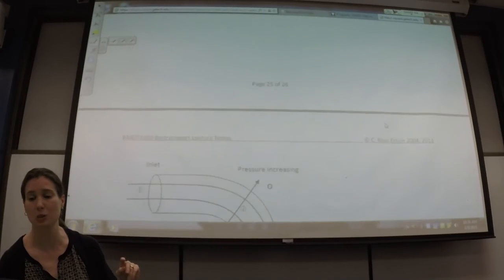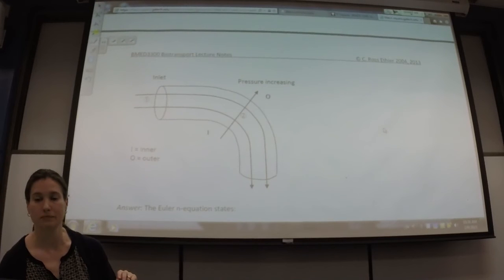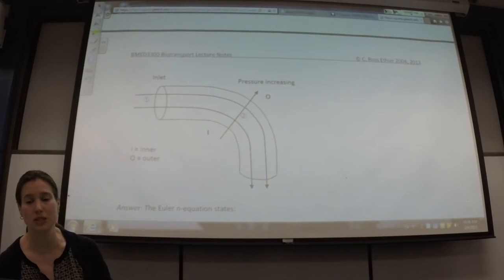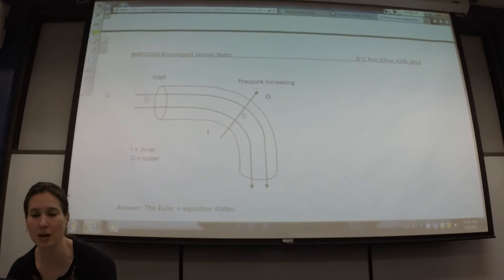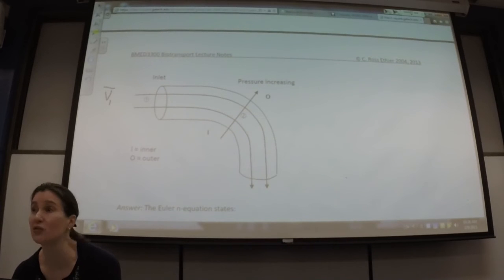So let's look at this picture here. What this problem statement is saying is that we've got some V1 here, which represents some kind of average value. We've got a P1, and these are going to be uniform across this. So as we come in here, everything is going to be just a flat velocity profile and a flat, uniform pressure across there.